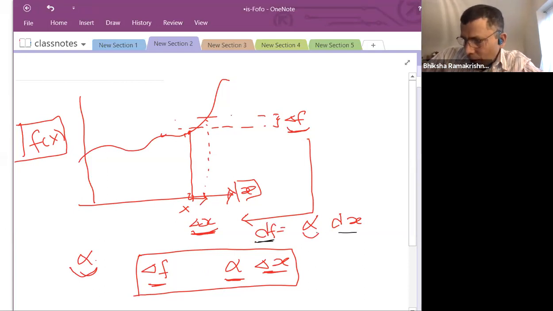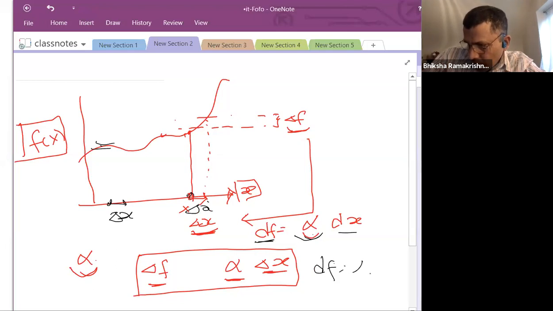Obviously, when I write it this way, alpha is going to depend on the location. Here, for example, a small change in x results in a very different change in f than a small change in x at this location. So the correct representation, of course, is going to be alpha of x dx. This is for the case of a scalar.